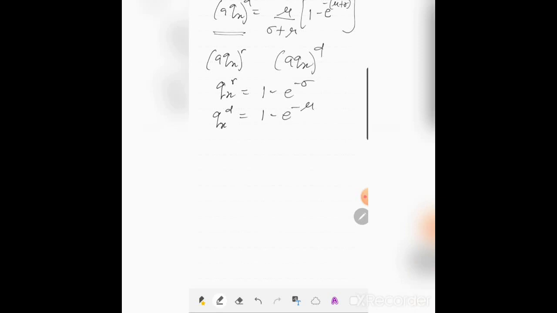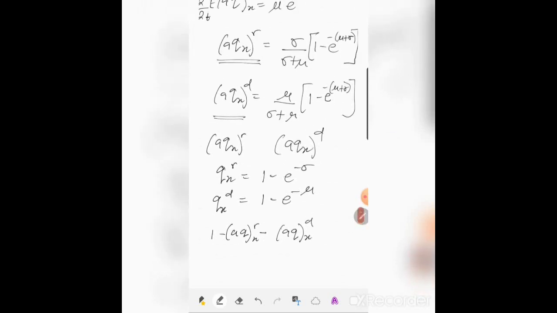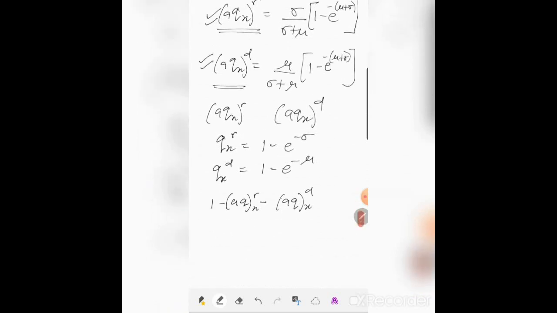Now that I have aqx and qx, if I'm looking at 1 minus aqx of R minus aqx of D, so we know that this is aqxr, and similarly this is aqxd, nu over sigma plus nu, and then you get this factor.